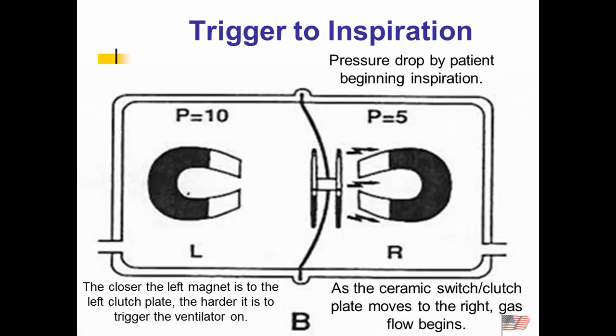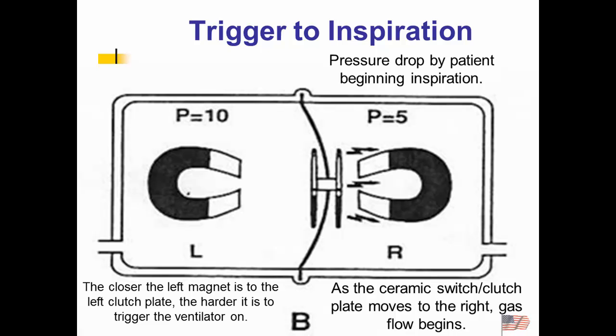Depending upon that sensitivity, when the pressure here becomes negative enough that the pull of this magnet pulls it away from the magnet on the other side, which we set by setting that sensitivity control, it's going to go ahead and allow the gas flow to begin to go to the patient. This portion in the center is called the ceramic switch, and on it, it has 2 metal clutch plates. The metal is obviously what the magnet is pulling. So when I pull it to the right, gas flow begins.